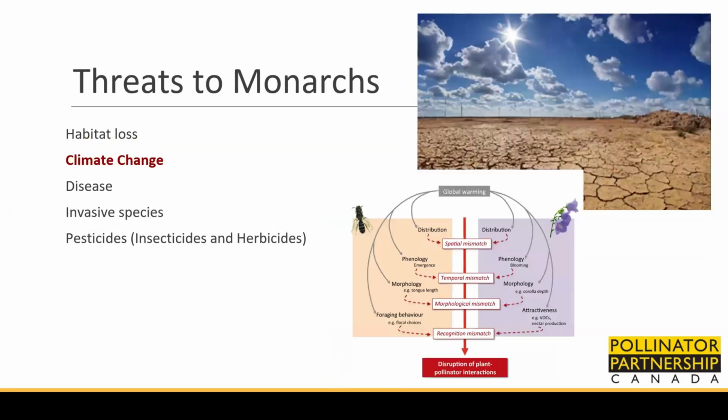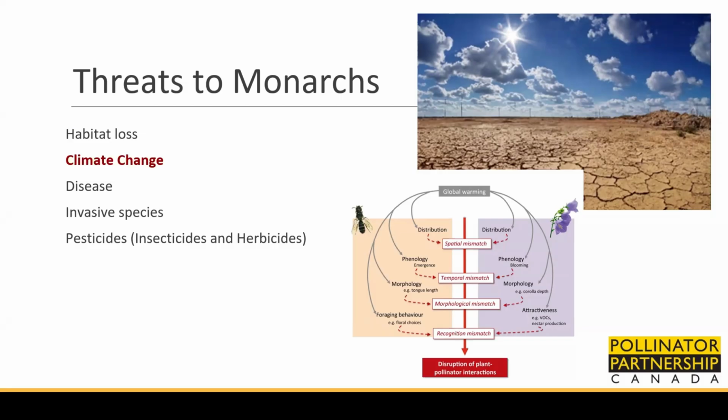Another significant threat is climate change. Climate change can have numerous impacts on monarch butterflies. Changes in temperature and precipitation can impact the growth of host and nectar plants and can also impact the development of monarch caterpillars.